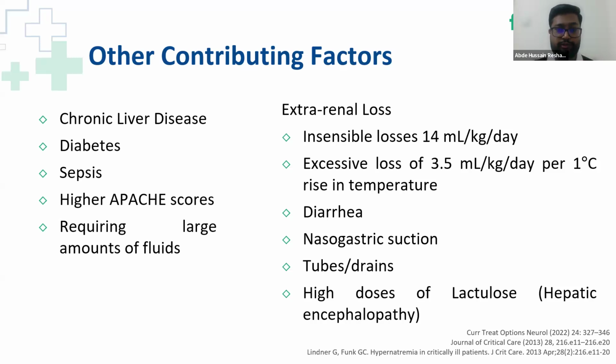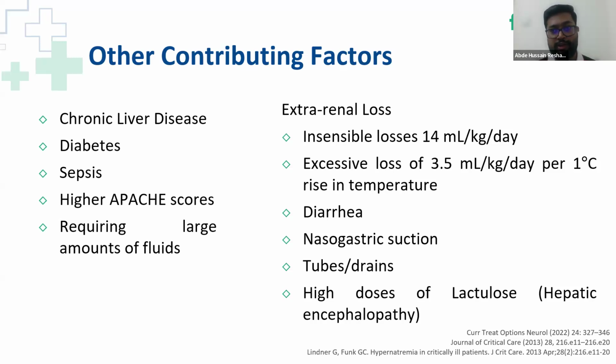Then extrarenal losses. Now, these are the conditions that we also see in ICU developing, wherein insensible losses of more than 14 ml per kg per day can lead to hypernatremia, excessive loss because of fever, with a per degree rise of fever, there can be a further loss of 3.5 ml per kg per day of water.